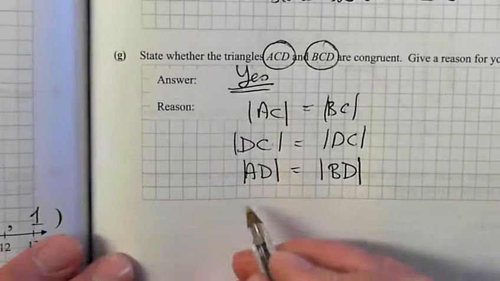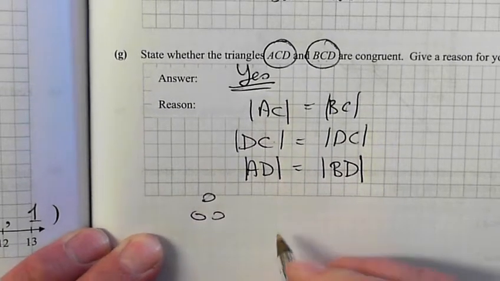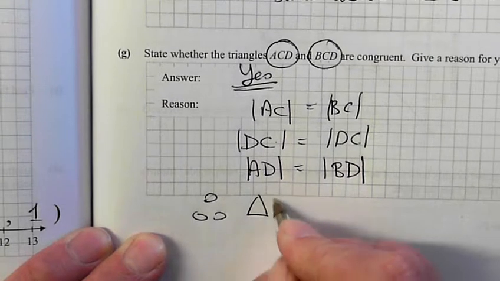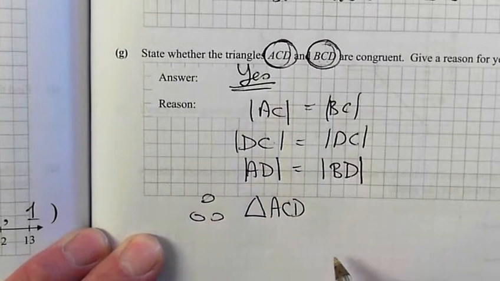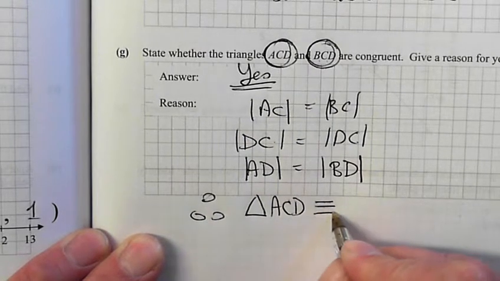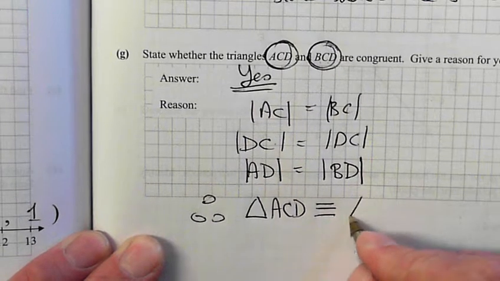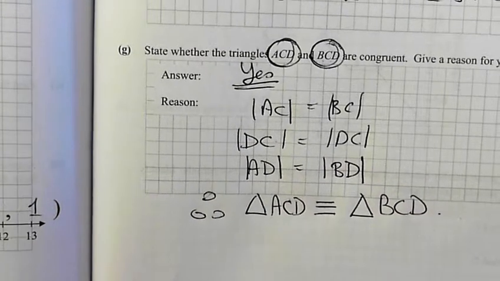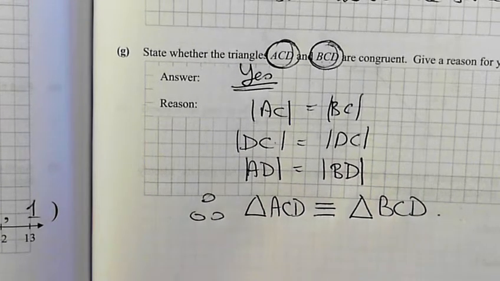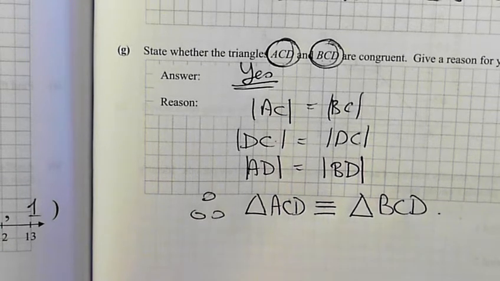So, therefore, the triangle ACD is congruent to triangle BCD. Congruent means the same size, the same length, the same angles.